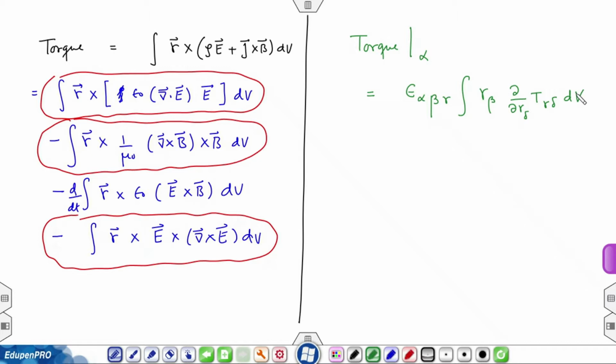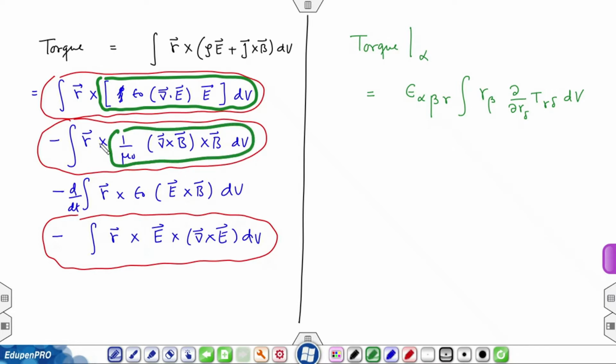Recall that all this force term, which I am encircling in bold green on the left hand side of your screen, was giving me this derivative d by dr alpha of T alpha beta.